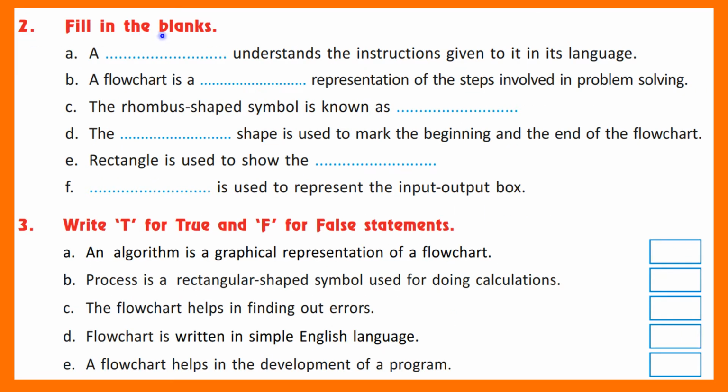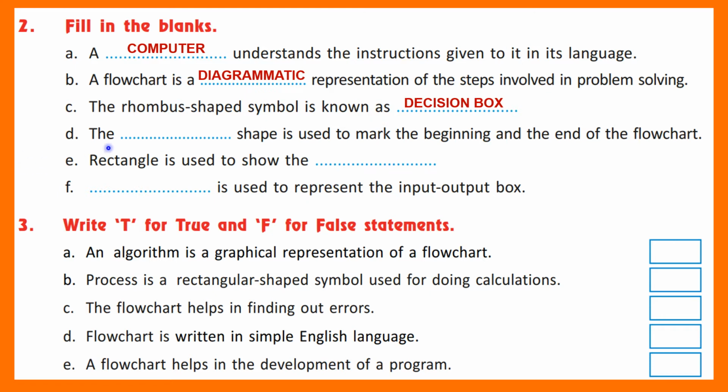Part 2. Fill in the blanks. A. A dash understands the instructions given to it in its language. Computer. B. A flowchart is a dash representation of the steps involved in problem solving. Flowchart is a diagrammatic representation of the steps. C. The rhombus-shaped symbol is known as decision box.